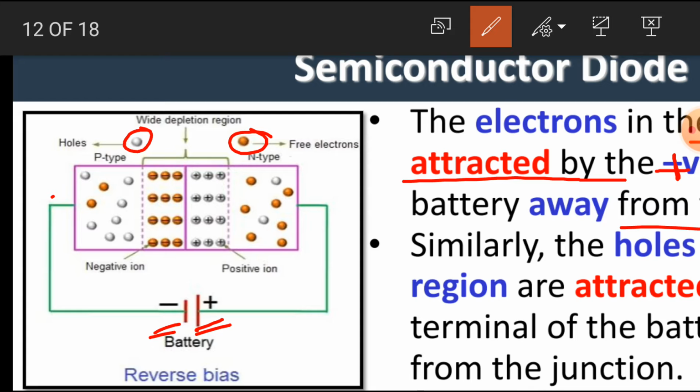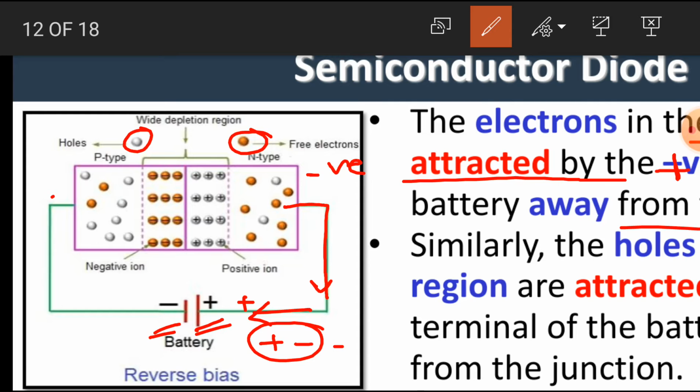The n-type semiconductor is connected with the positive terminal of the battery, and we know that the electron has a negative charge on it. Hence positive and negative charges appear. When opposite charges appear, there is attraction. That means these electrons are attracted by this positive terminal.